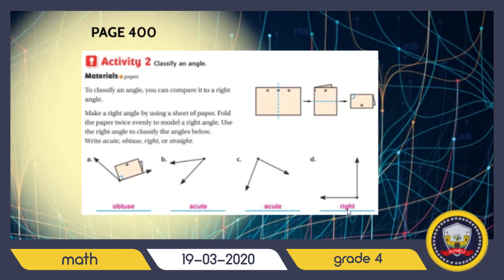So in this situation it will be 2 acute angles and an obtuse angle. What about straight angle? They didn't ask for a straight angle, but remember straight. So a straight angle represents a line, like a line.